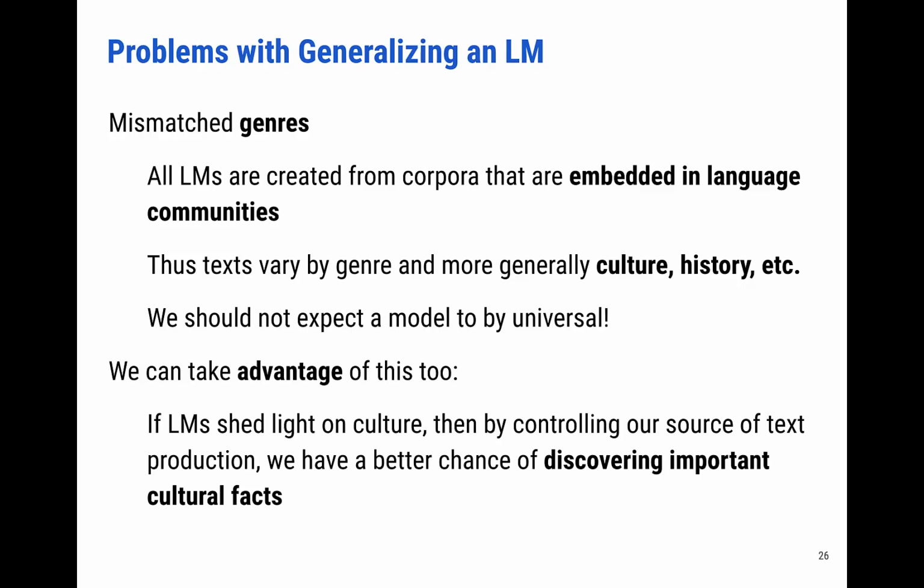And we can take advantage of this, as I mentioned earlier, because by comparing language models and comparing differences among language models, we're actually uncovering interesting cultural facts, patterns about language use that may shed light on historical change and cultural difference. We saw some of that earlier in our first module on the Culturomics School, who were able to make some interesting observations about the history of language and the history of culture just by observing changes in the usage of bigrams or n-grams over time.